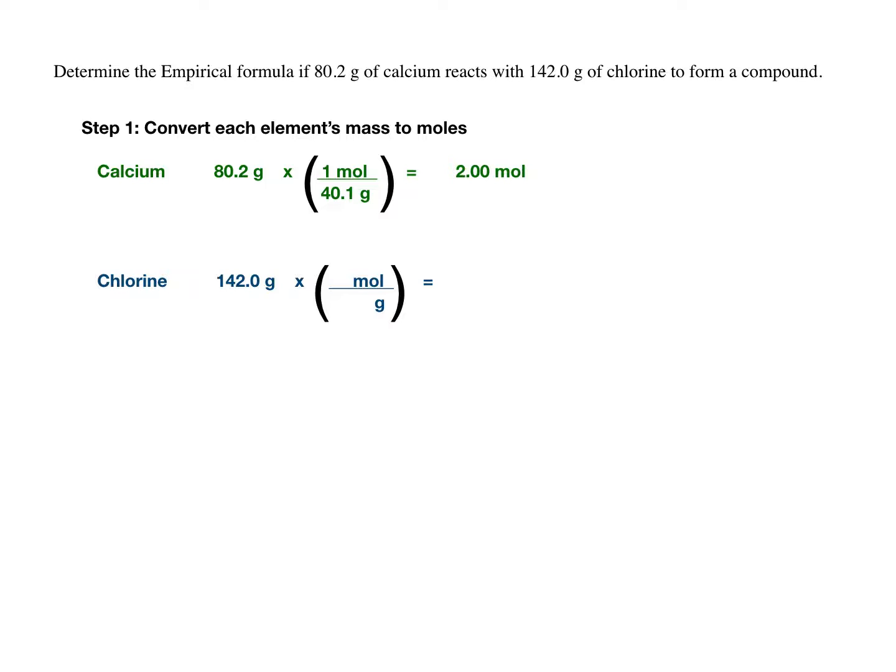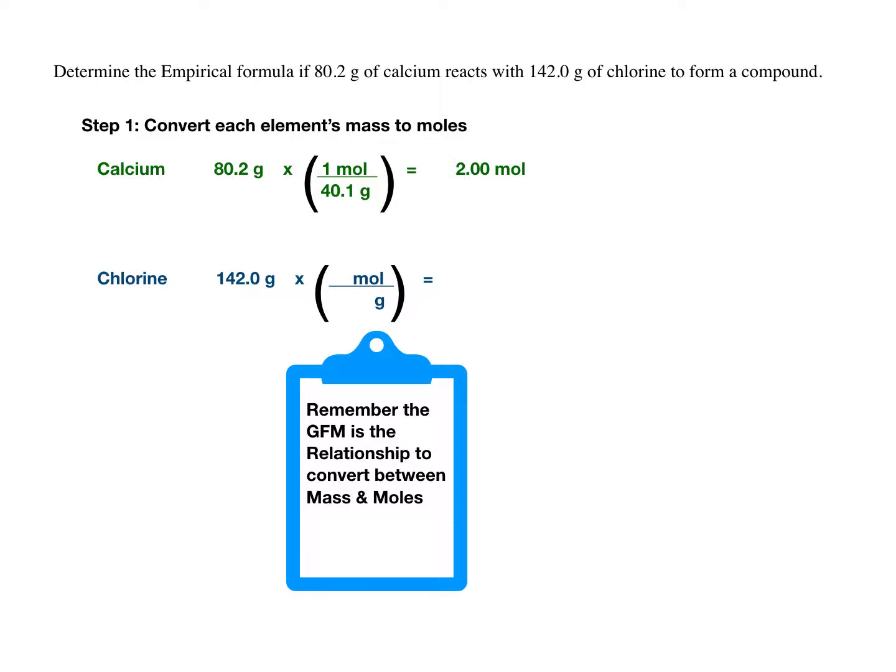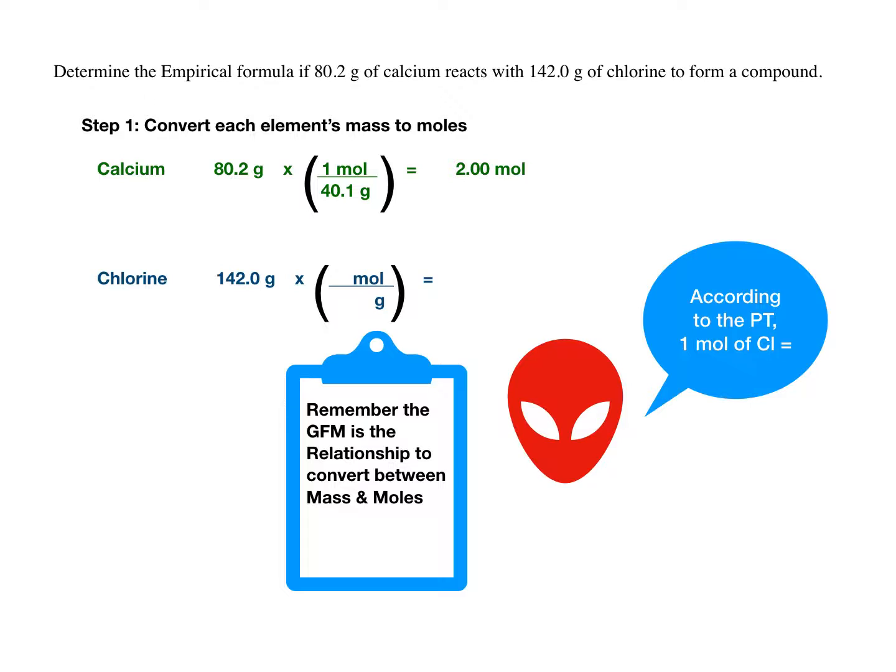Now we need the GFM relationship for chlorine. Since chlorine is an element, then we'll simply go to the periodic table and look it up. So look on your PT, and according to your periodic table, 1 mole of chlorine equates to 35.5 grams.